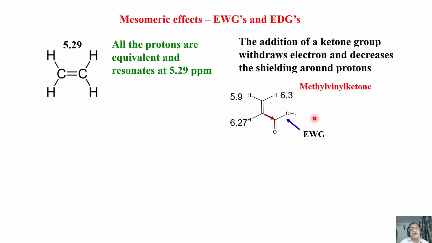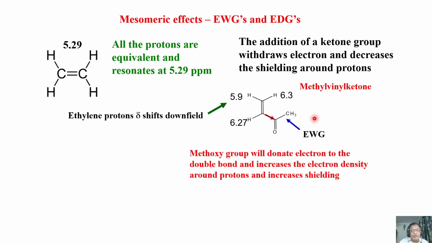We will do one more trick now. Instead of an electron withdrawing group, let us put an electron donating group. What happens? You put OCH3. What is OCH3? Methoxy group. It will donate electrons to this double bond and increase the electron density around the protons. Look at this one. The moment you put it, again, you have broken the symmetry by substitution of the OCH3 group.